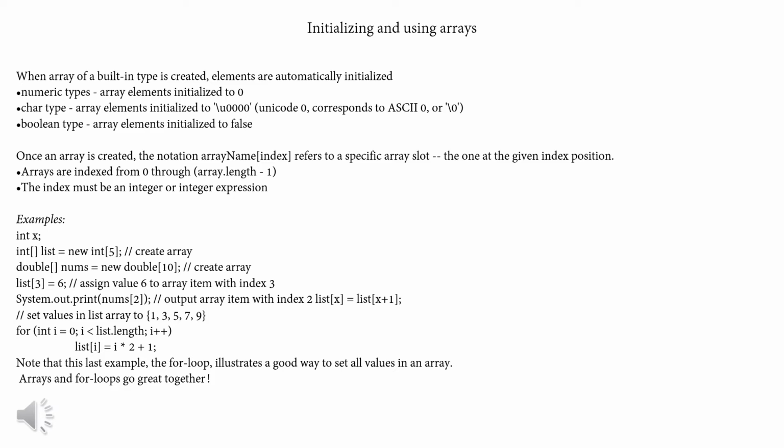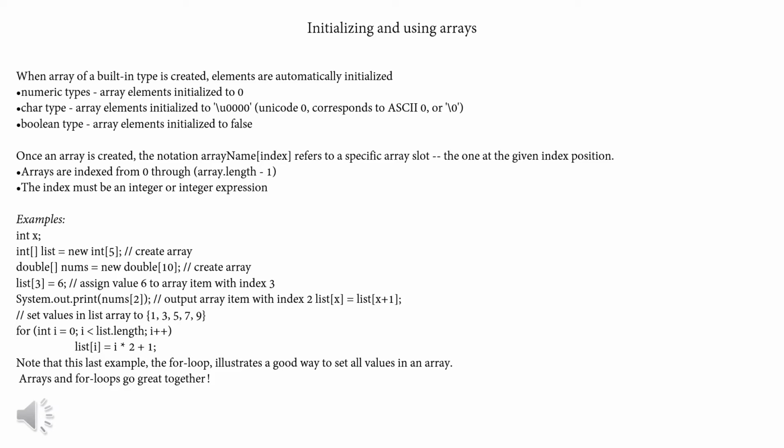The other point is that when you create an array and then, for example, you are going to assign a value to an element of the array, you can access that element by array name and index, as you see here.